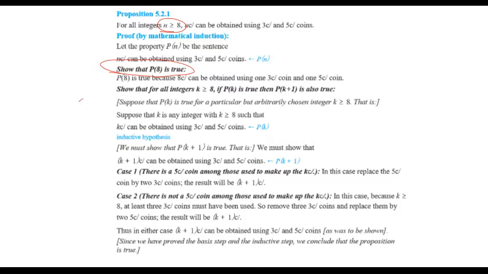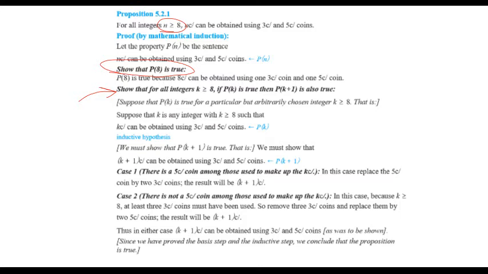Now let's go to the second step, where we need to show that for all integers k greater than or equal to 8, if P of k is true, then P of k plus 1 is true. Let's see how we prove the inductive step. Let's first see the inductive hypothesis.